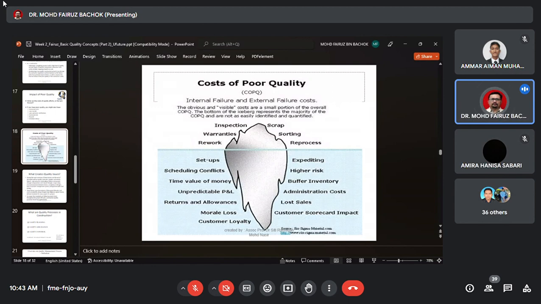On the surface it looks like you can overcome the failure, the non-conformance, but there is a deeper, secondary problem, like you need to set up everything again. Your workers will lose morale and motivation, the trust of customers will decrease, and you need to increase administration cost, give more time to work, and face higher risk.